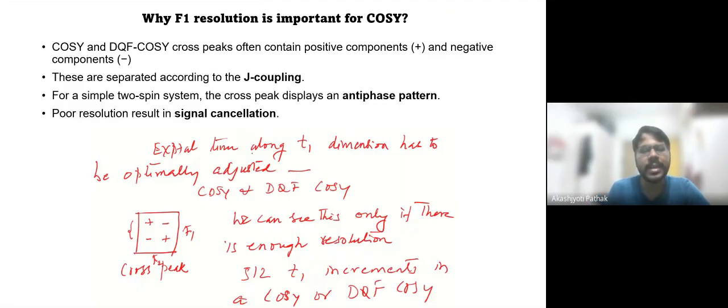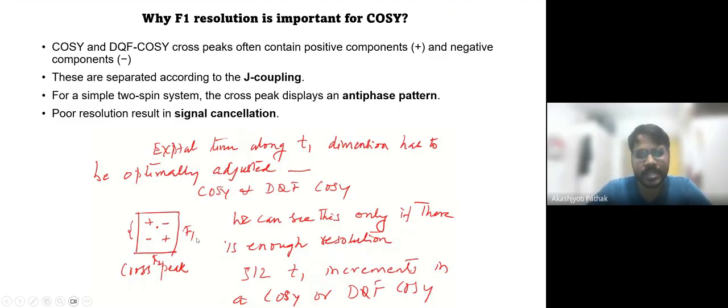So the experimental time along the T1 dimension has to be optimally adjusted. Why? Because we cannot indefinitely increase the number of increments, since that will result in much longer experimental time. So that is why we have to adjust that. Another point is that this F1 resolution is very important, so it has to be optimized.